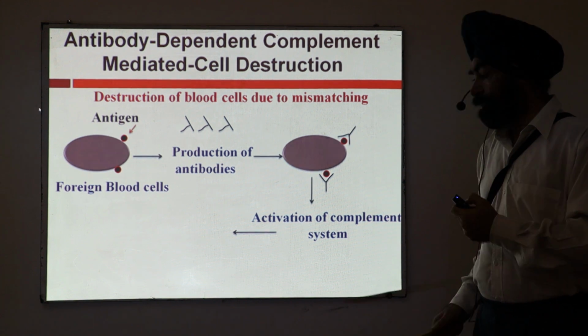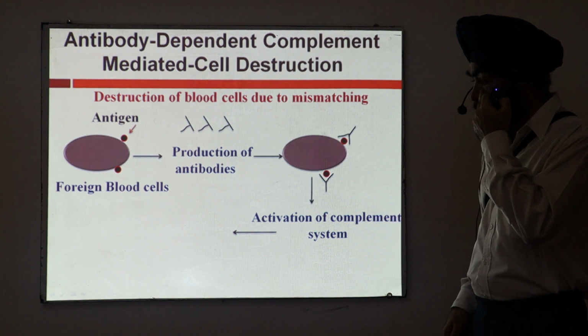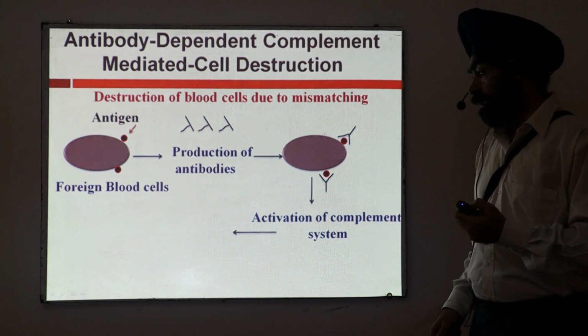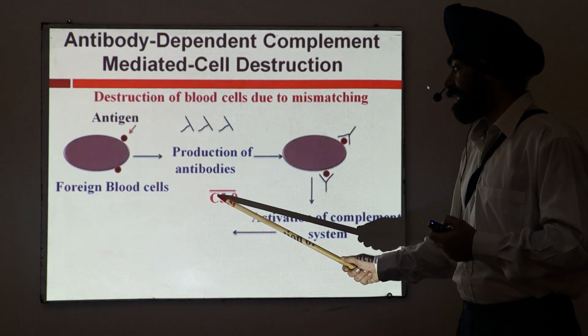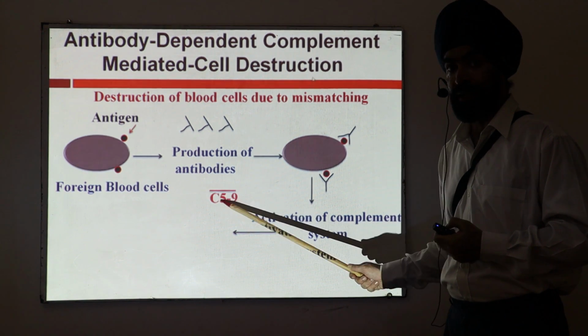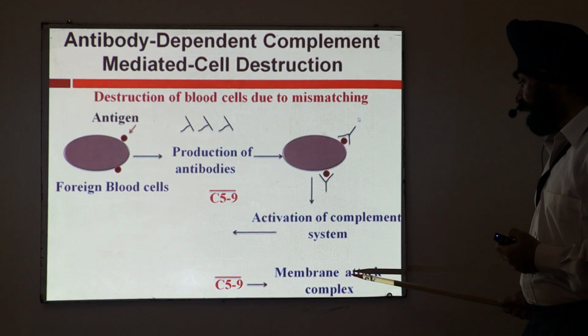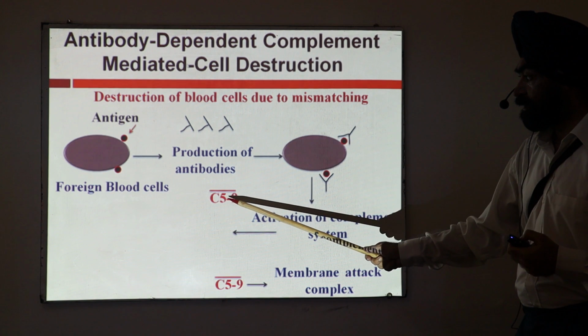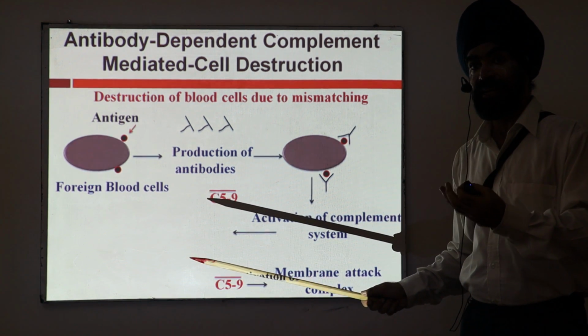The complement system means there are many proteins present in the blood. They are circulating. I am just telling one of the complement system, which is called C5b-9, and we are writing a line over it. So what is the meaning of this? This is actually a membrane attack complex. C5b-9 means C5, 6, 7, 8 and 9.